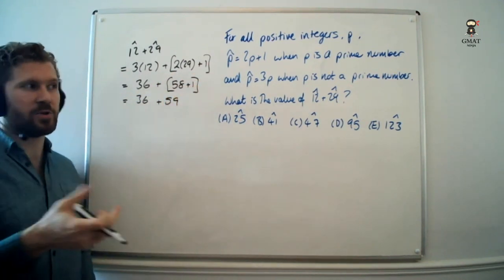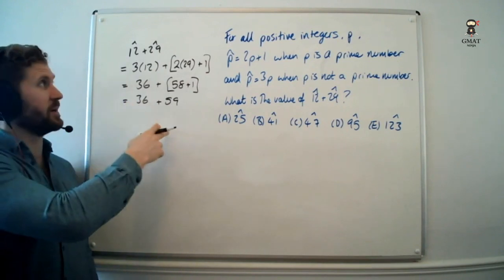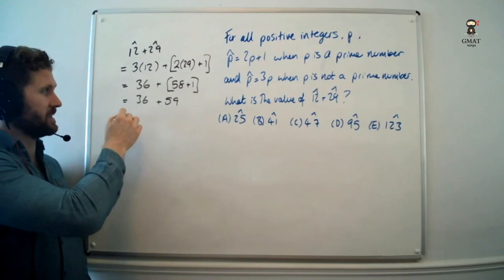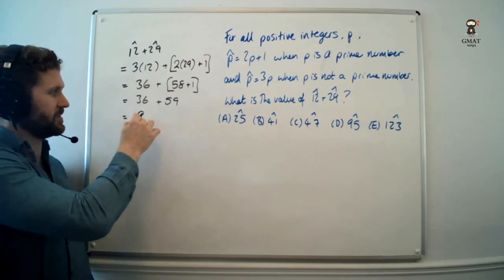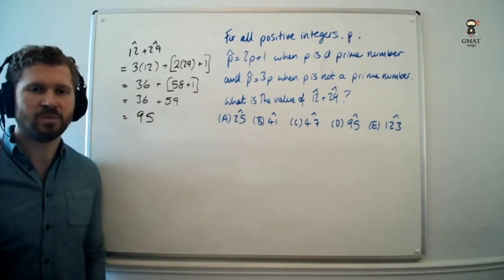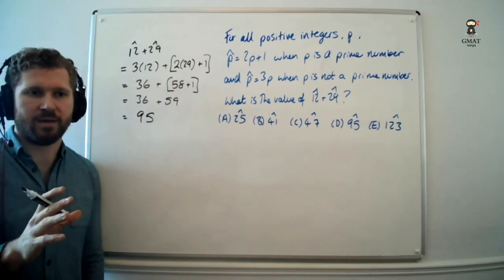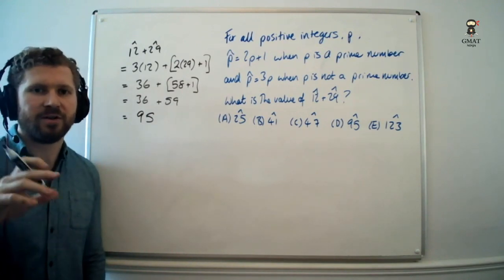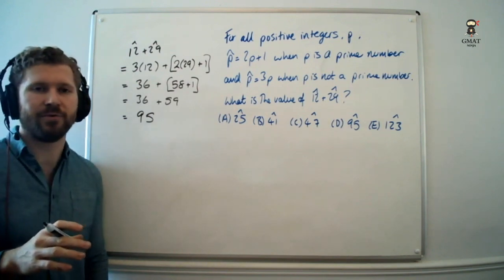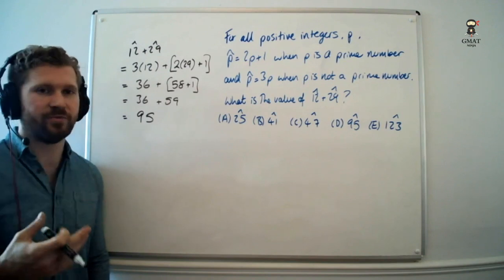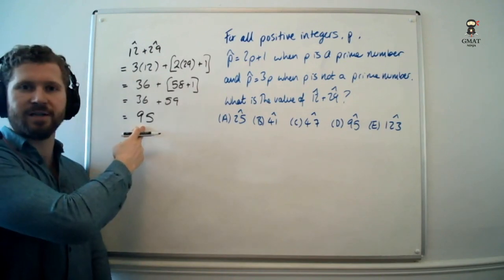Or in other words, if I put 12 through the rule, I get 36. If I put 29 through the rule, I get 59. Add those two numbers together, so 36 plus 59 will give me 95. Now, this is the point where it's good to be careful, not necessarily slow down, although for most people that tends to be the thing that helps here. If you're rushing, you'll go, right, my answer here is 95.